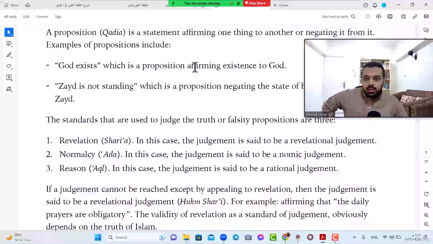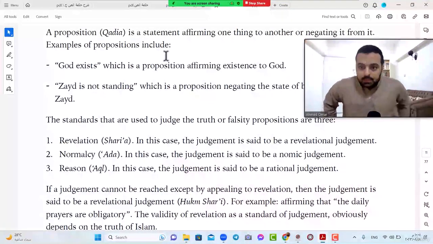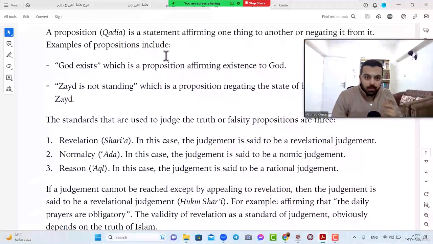Now read the proposition, al-Qadiyyah. A proposition, qadiyya, is a statement affirming one thing to another or negating it from it. Examples of propositions include God exists, which is a proposition affirming existence to God. Zayd is not standing, which is a proposition negating the state of being standing from Zayd.